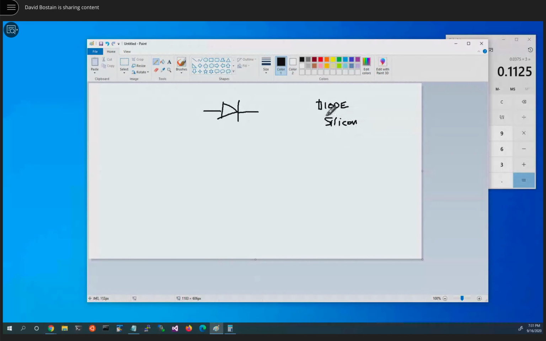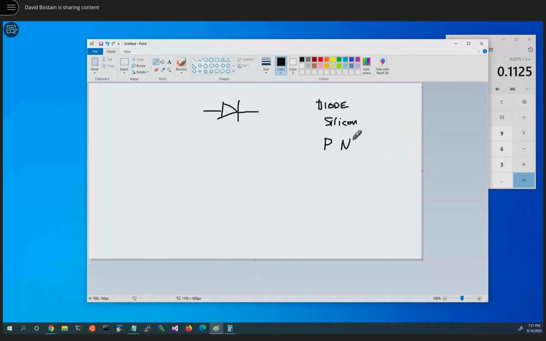But if you take it and you add certain elements to it, you're able to turn it into something that has extra electrons or has extra places for electrons to go. We call those two materials either P material or N material.